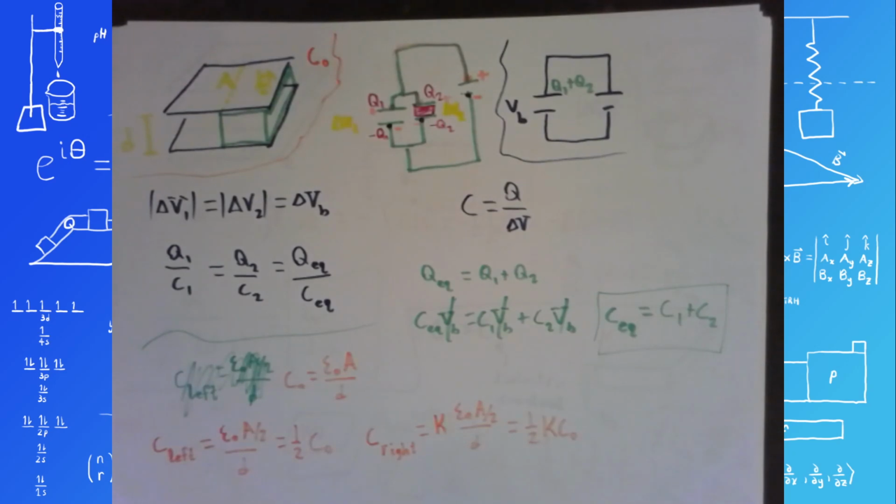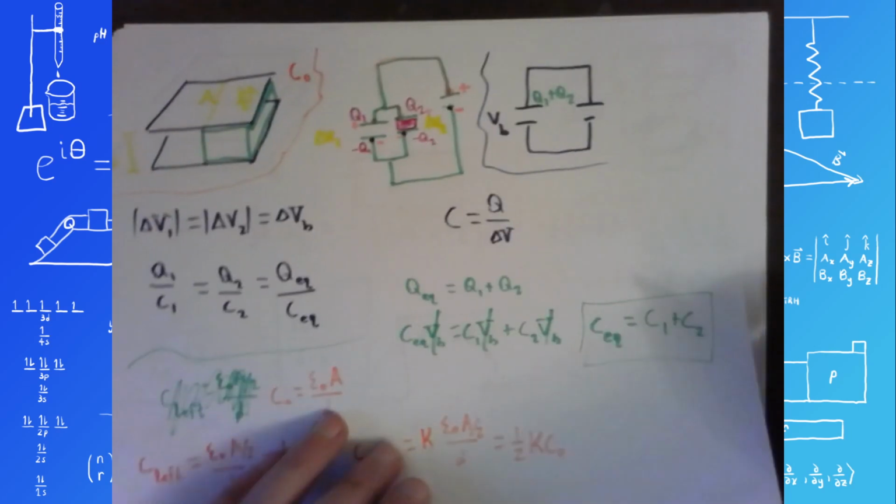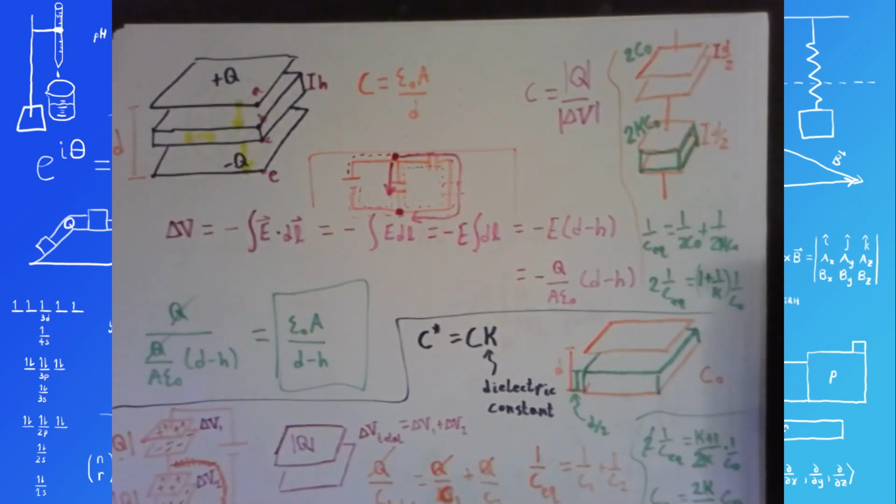And now we can get the new capacitance. Let's do, yeah, this color will be fine. So the new capacitance, I guess I'll call it, what did I call it before? Did I call it C star? No, I just called it C equivalent.